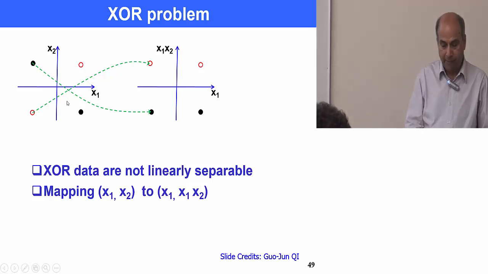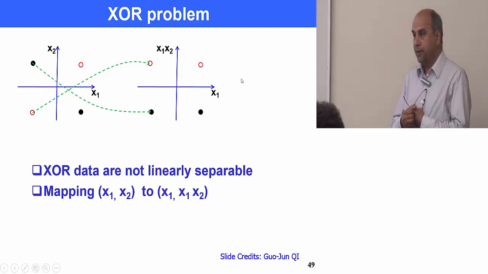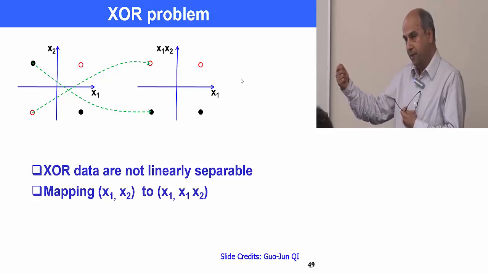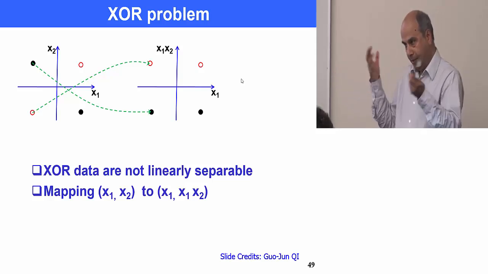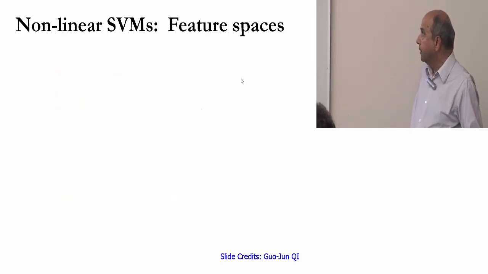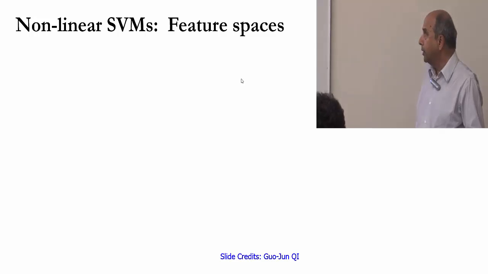Now if you take the vector x1, x2, and map it to x1 multiplied by x2, these points will map like this. And now it's very easy; there's a boundary here. It's a very nice classifier. So the question is how you map to a different feature space where it becomes linear, and then you solve that. That is called the nonlinear SVM.